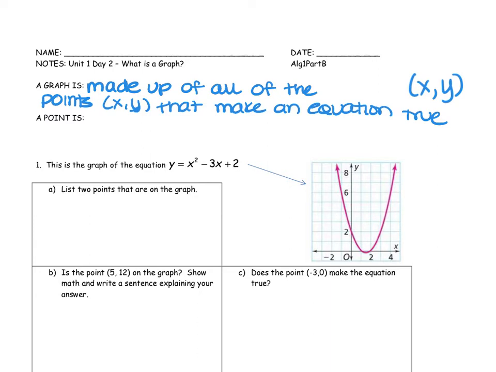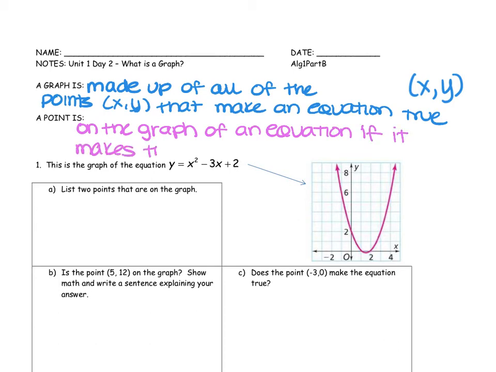And a point is on the graph of an equation if it makes the equation true. If it doesn't make the equation true, then it would not be on the graph of that equation.